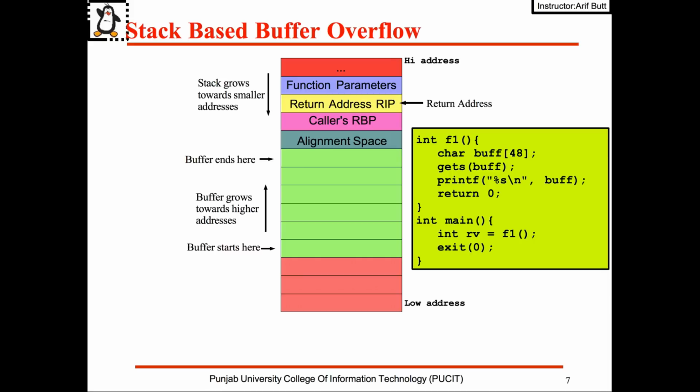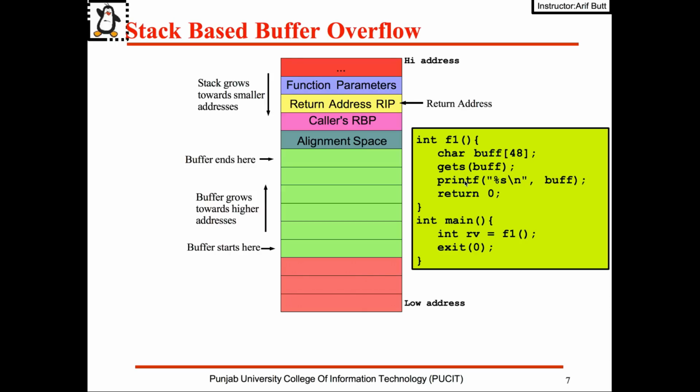Well, this illustration will describe the concept of a stack-based buffer overflow at an abstract level. Consider this piece of code in which the main function is calling function f1, and this f1 function creates a buffer of about 48 bytes. Then it uses the gets function to input characters from the keyboard.